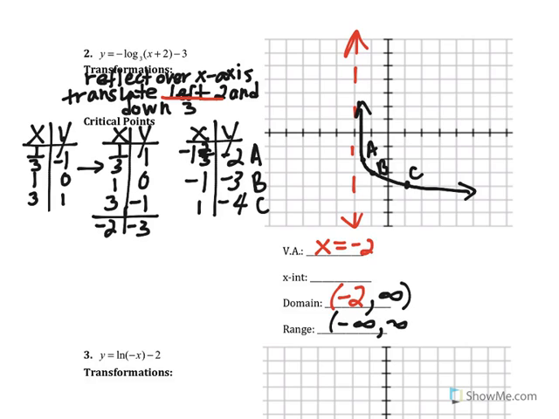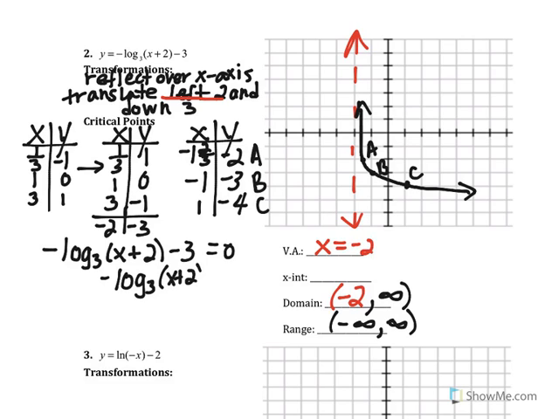Negative infinity to infinity. And then we're going to want to set log base 3 of x plus 2 minus 3 equal to 0. Do a little solving work. Kind of run out of space here, so we're going to have 3 to the negative 3 equals x plus 2.